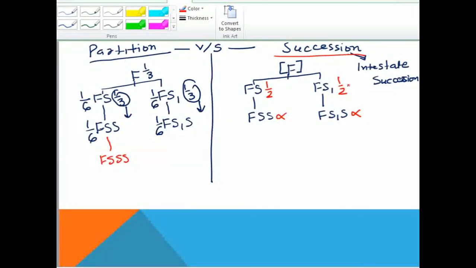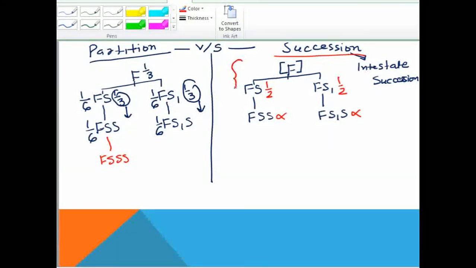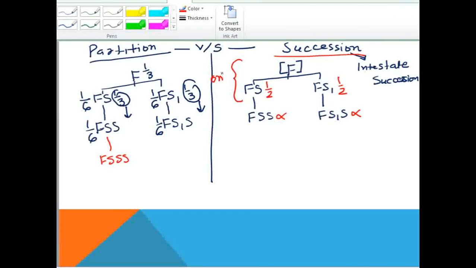So in succession we saw there is only per capita division, no per stirpes.